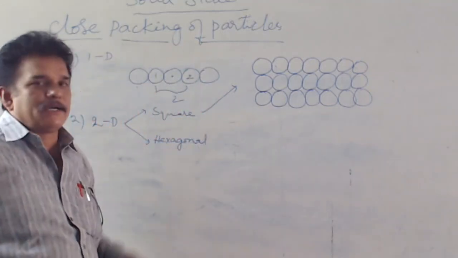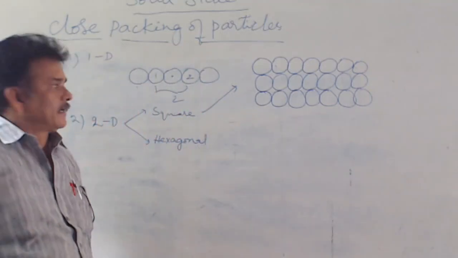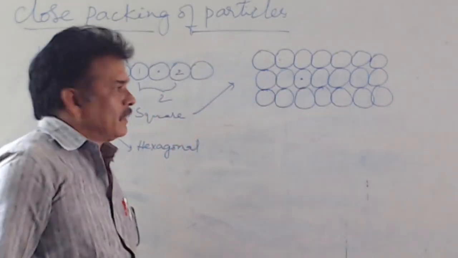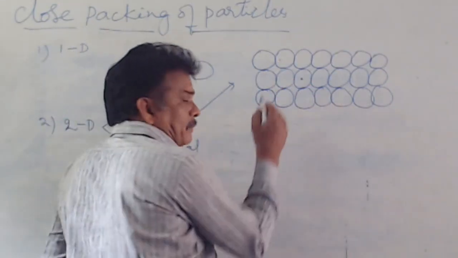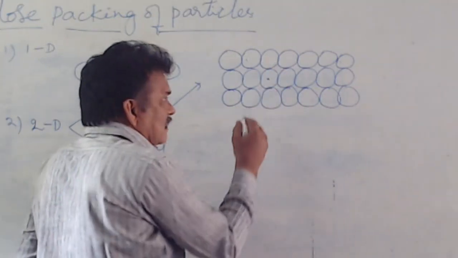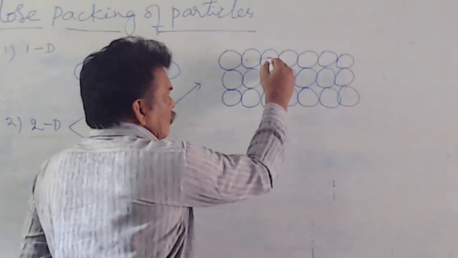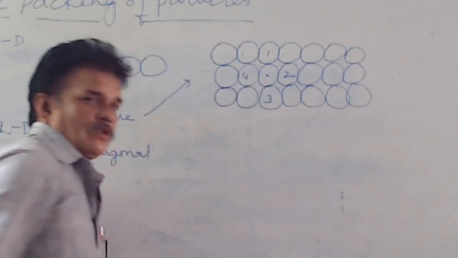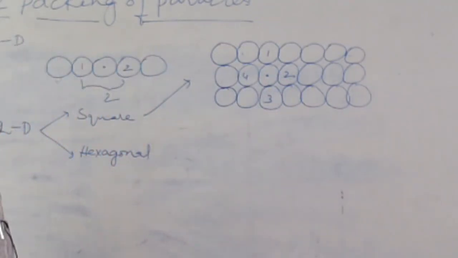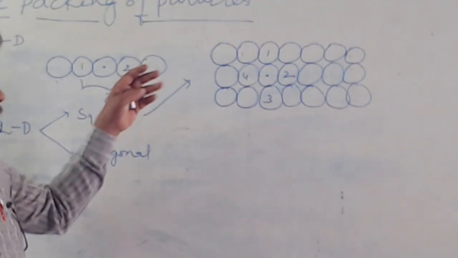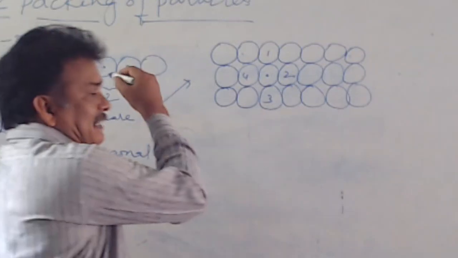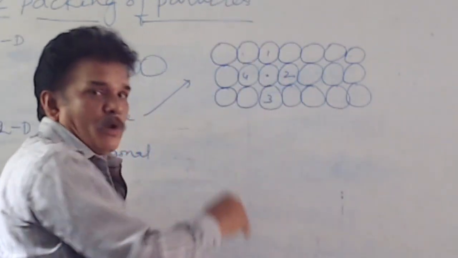Why is this called square close packing? Say this is the reference particle. To this reference particle, how many particles are coming close? 1, 2, 3 and 4. 4 particles. This is called two-dimensional because it is along the x-axis and the y-axis.